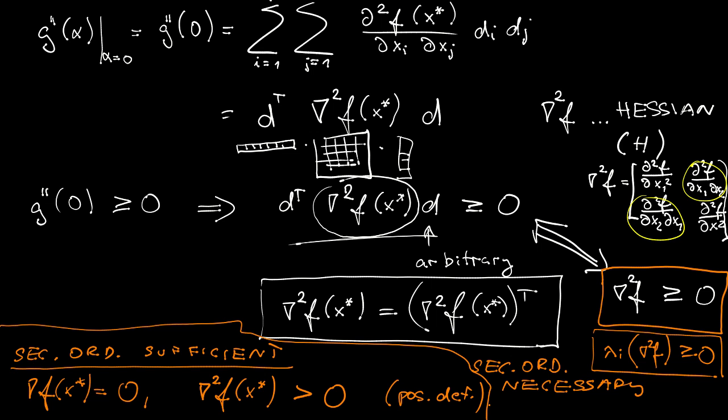Alright, so we are done with the analysis along an arbitrary but fixed direction. Now we need to make a transition from one direction at a time to all directions simultaneously.